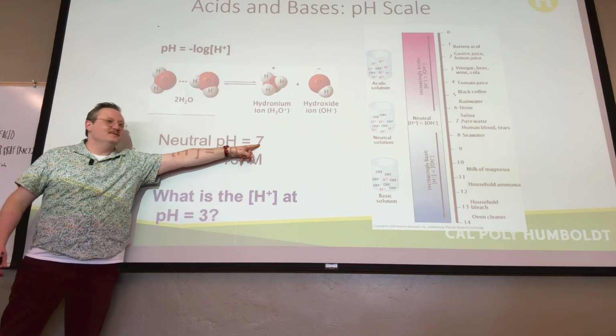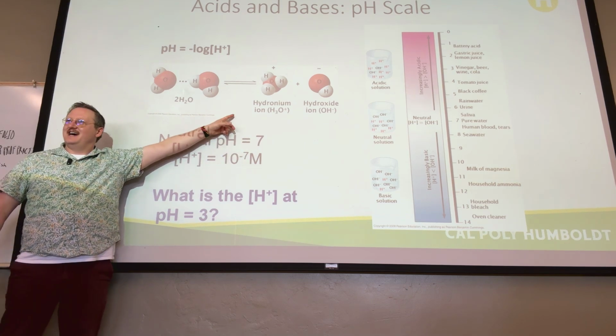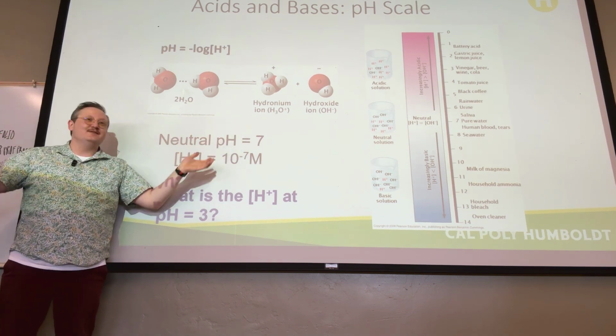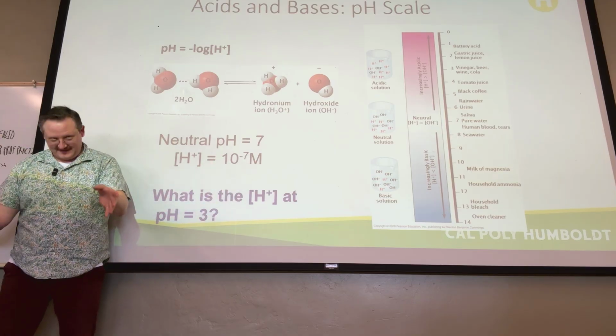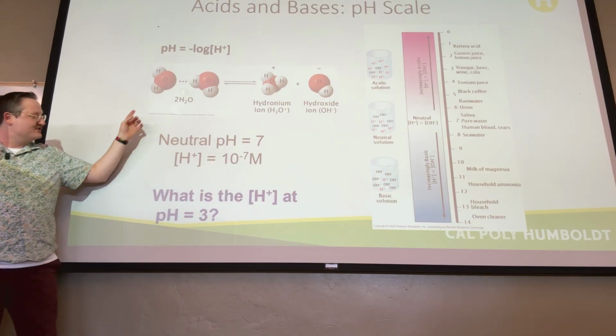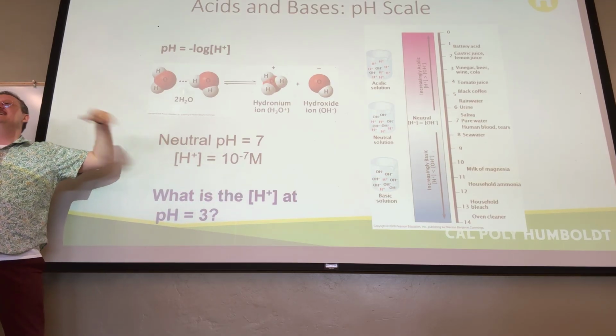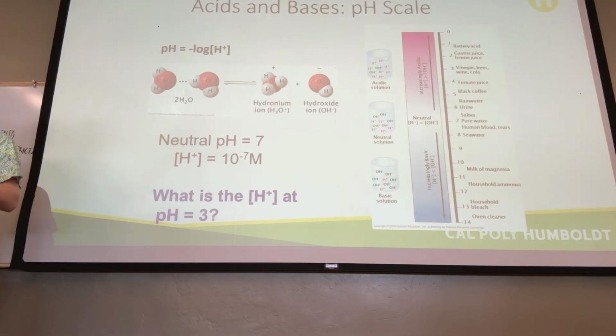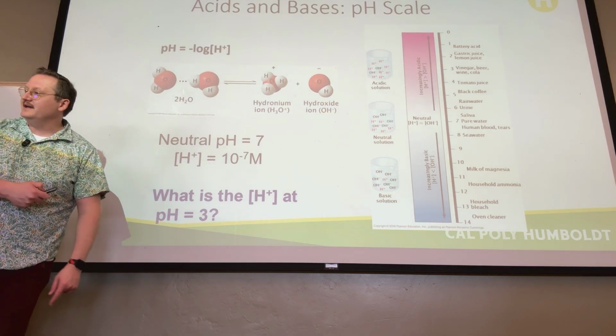A pH of 7 would mean concentration of hydrogen ions is 10 to the negative 7. 7 plus what equals 14? 7. So the concentration of hydroxide ions would be 10 to the negative 7. They're the same. How do we feel about this? Cool. I already answered this question, so we're just going to keep on keeping on.